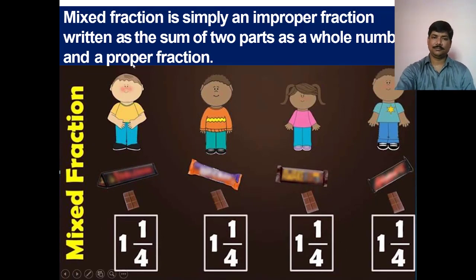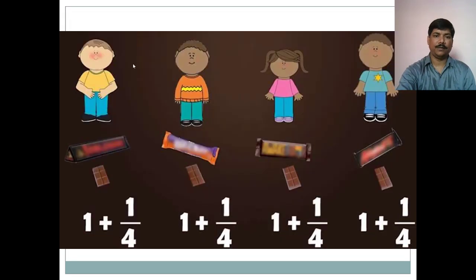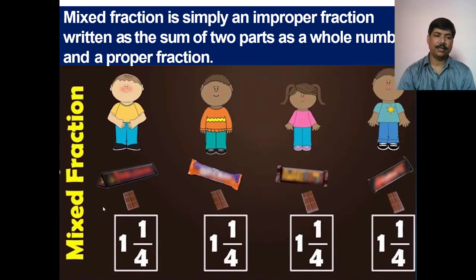Now mixed fraction. As in the previous slide, we are observing that each child is getting one whole as well as a part, which is a proper fraction. So now, before defining it, a mixed fraction is simply an improper fraction written as the sum of two parts: a whole number and a proper fraction.